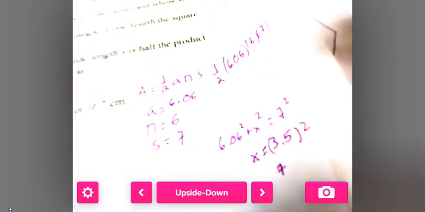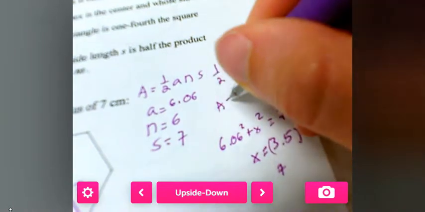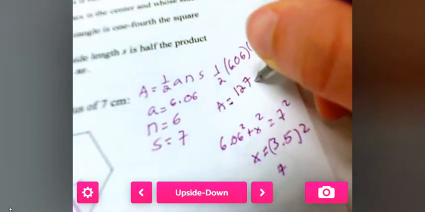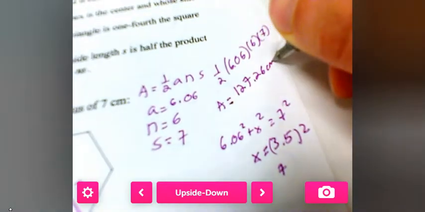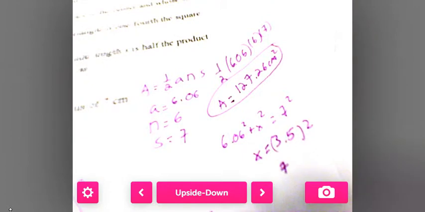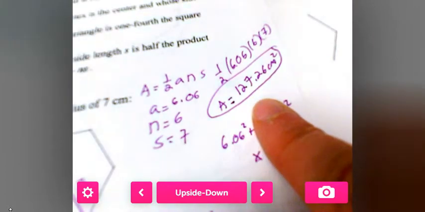And I get that the area of this hexagon is 127.26 centimeters squared. Okay, so all it did when we add a radius is we have to add an extra step where we find one of the sides.